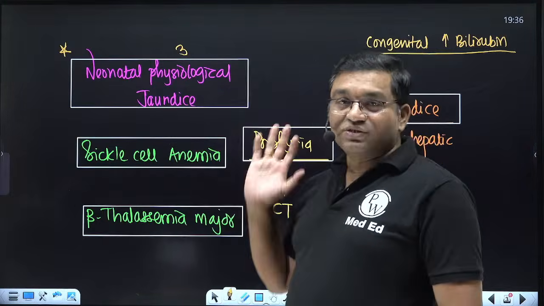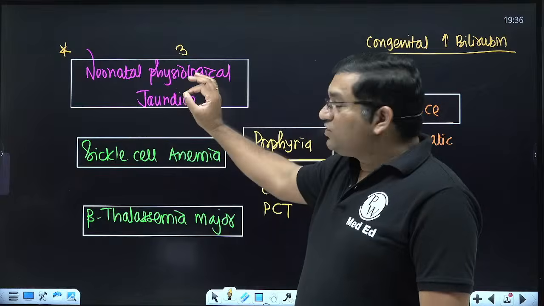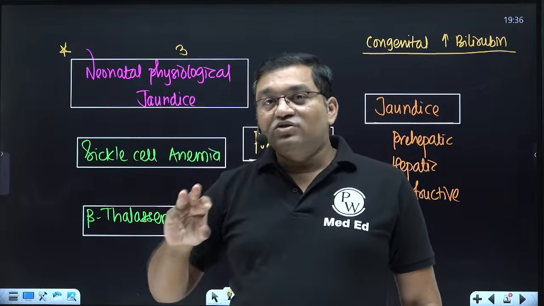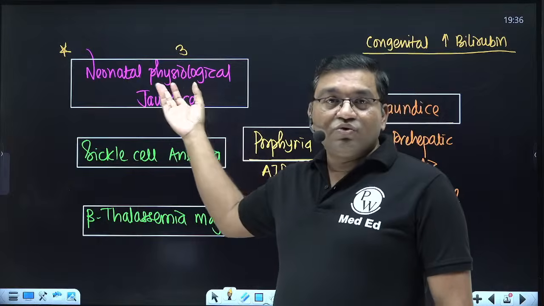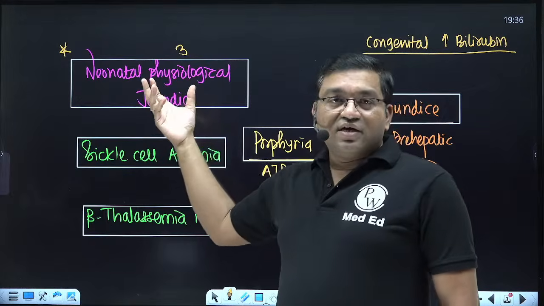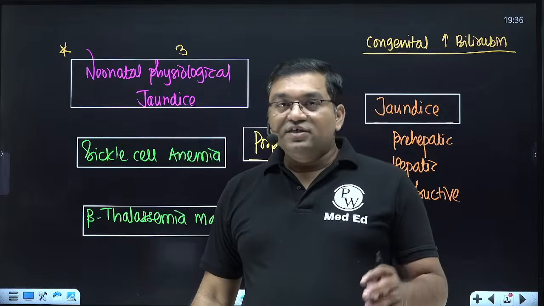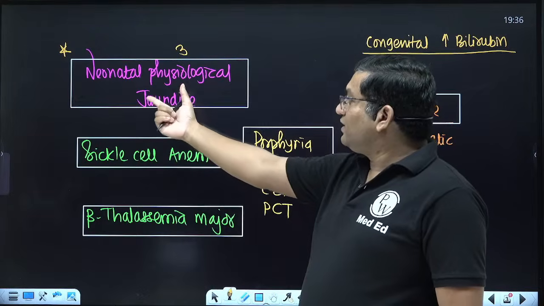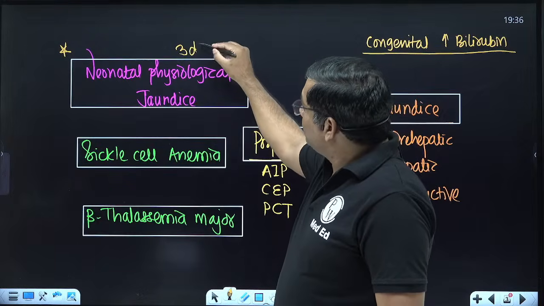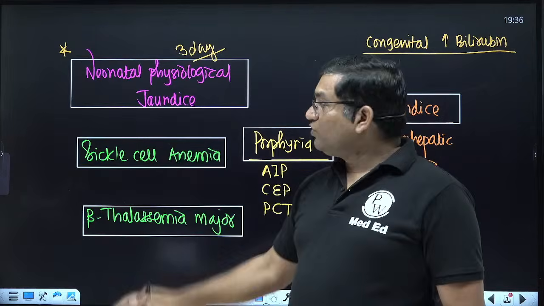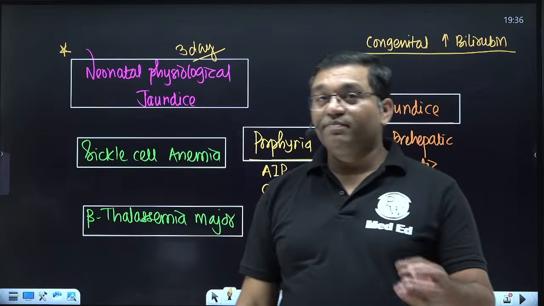But we have nothing to do with that here. So neonatal physiological jaundice appears on the third day because of the immature liver to conjugate the bilirubin. The immature system is there, and it particularly affects preterm neonates. It appears on the third day of life, and there is an increase in the unconjugated bilirubin. So neonatal physiological jaundice is the one for which phototherapy is given.